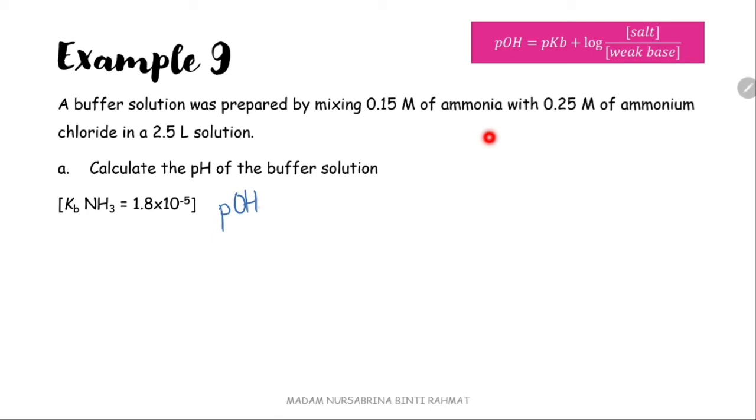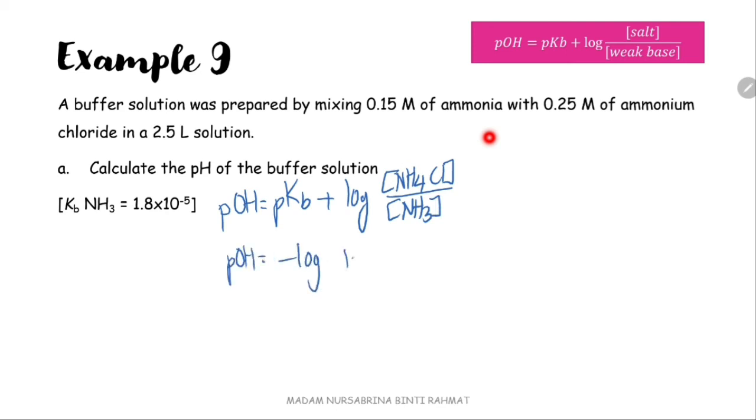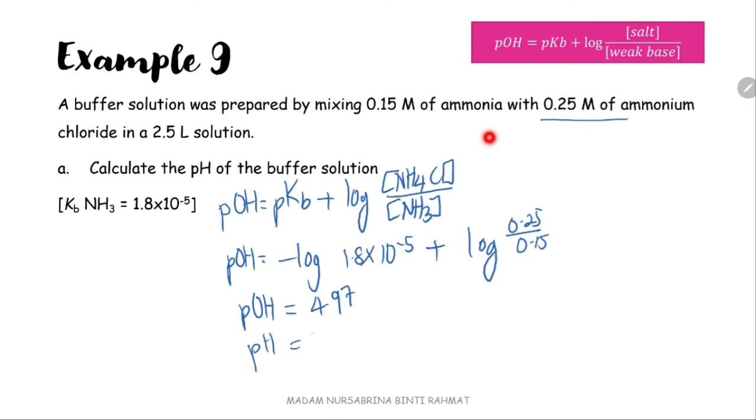So pOH equals pKb plus log of NH4Cl, or you can simply write salt, over our weak base ammonia. So pKb is negative log of Kb, 1.8 times 10 to the power of negative 5, plus log of the concentration of my ammonium chloride, which is 0.25, over 0.15. If you press your calculator, you will get your pOH to be 4.97. So pH is simply 14 minus pOH, which is 14 minus 4.97, and you will get your pH to be 9.03.